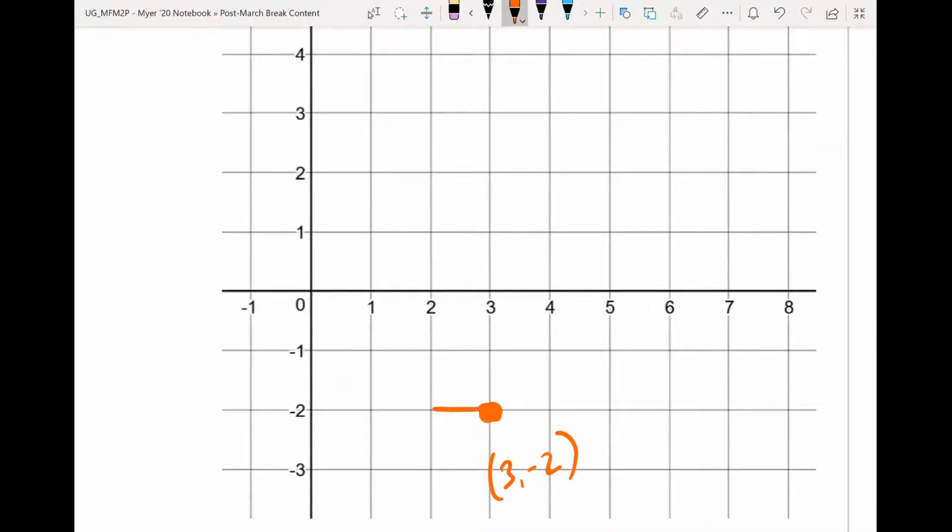So we would go over 1, up 2, and over 1, up 2 on both sides.